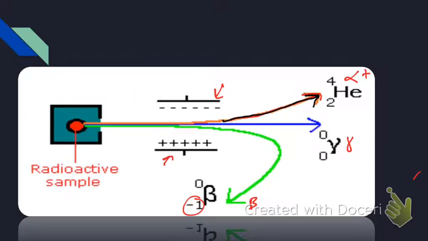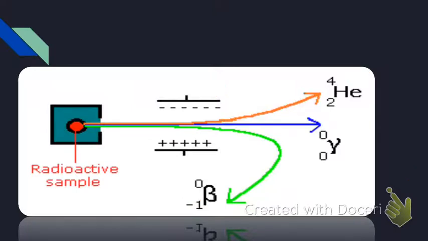So think about if you throw a baseball versus, I don't know, a ping pong ball, and you had wind blowing, the ping pong ball would deflect faster because it has less mass, whereas it would take more to push or deflect the baseball. Same thing here with the alpha particle and beta particle.